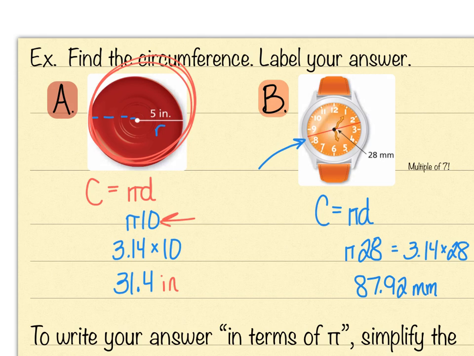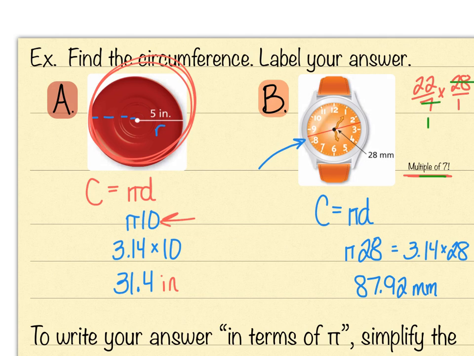Now, I wanted to show you something. Since our diameter here is a multiple of 7, I could actually use the fraction 22/7 for pi, and that might actually be a little bit easier here. So if I do pi, 22/7, times diameter, which was 28, or 28 over 1, the reason I can use 28 over 7 is because being a multiple of 7, 28 will cancel with 7.